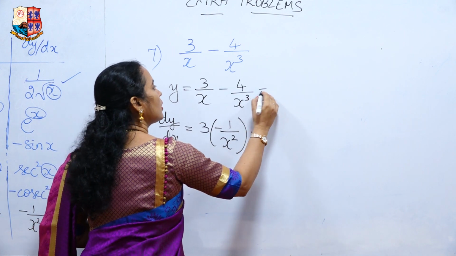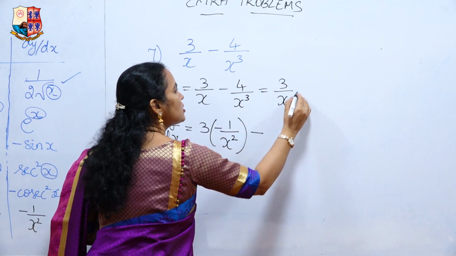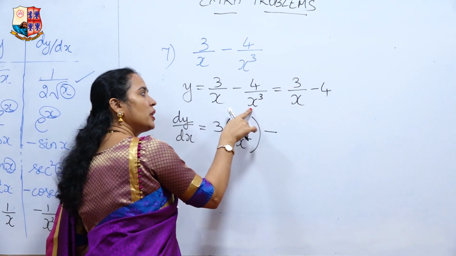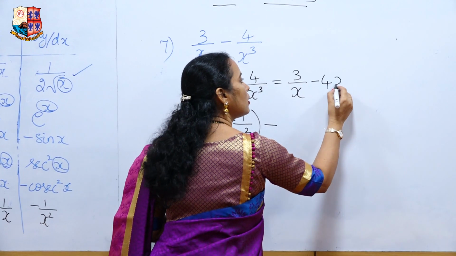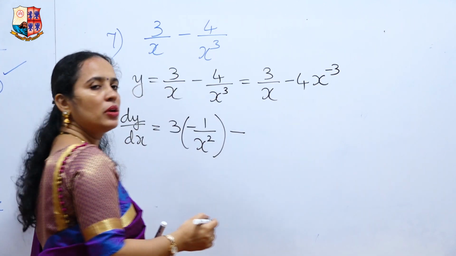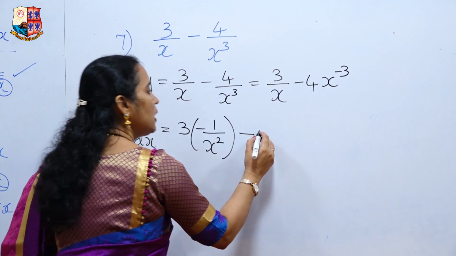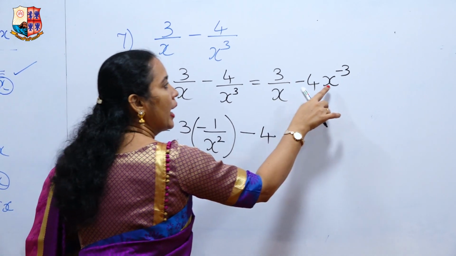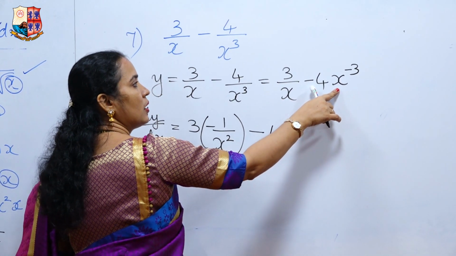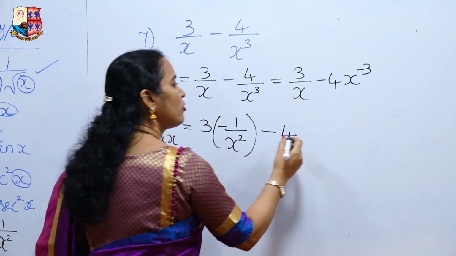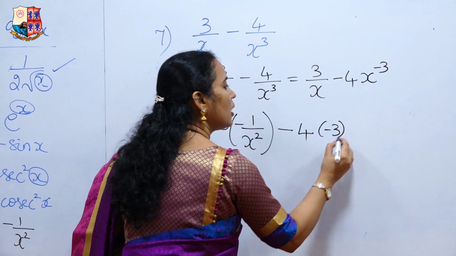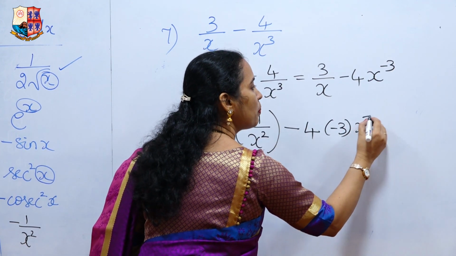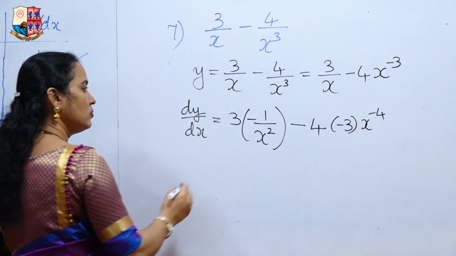Now this you can also write it as, you have 1 by x cube, take x cube to the numerator, it will be x to the power minus 3. So minus 4, constant in multiplication as it is, x to the power minus 3, apply x to the power n form, minus 3 take it down, minus 3 minus 1 will give you x to the power minus 4.